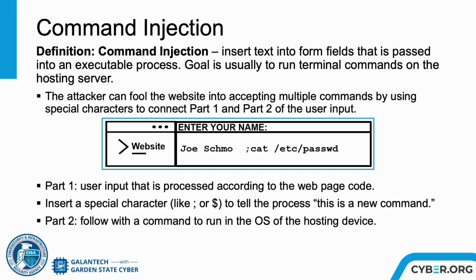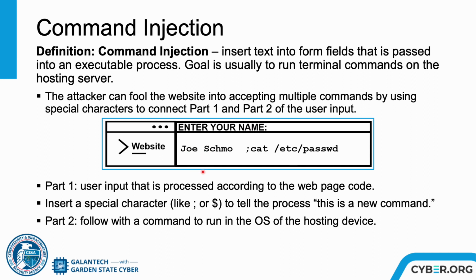So let's look at this example. We are trying to fool the website into accepting multiple commands by using special characters like the semicolon or a backslash. The question is, enter your name. That's what the form wants us to do. So we provide Joe Schmo.